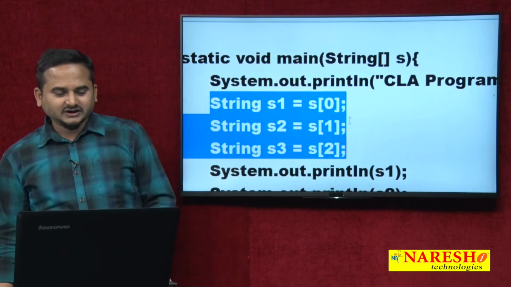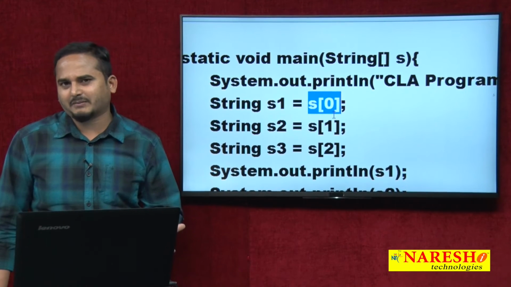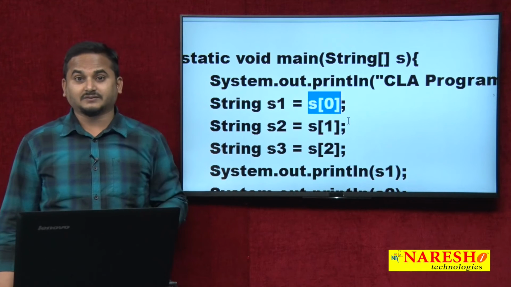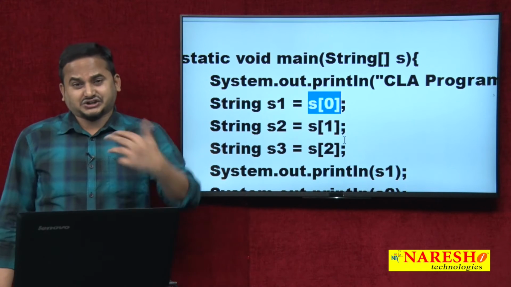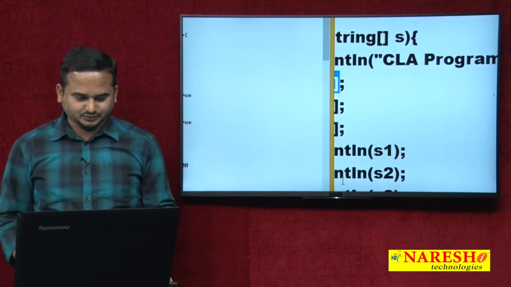That means I am not sending any value. If I am not sending any value from the command prompt, the JVM is unable to place data into S of 0. If there is no data but I still try to read, we will get ArrayIndexOutOfBoundsException.